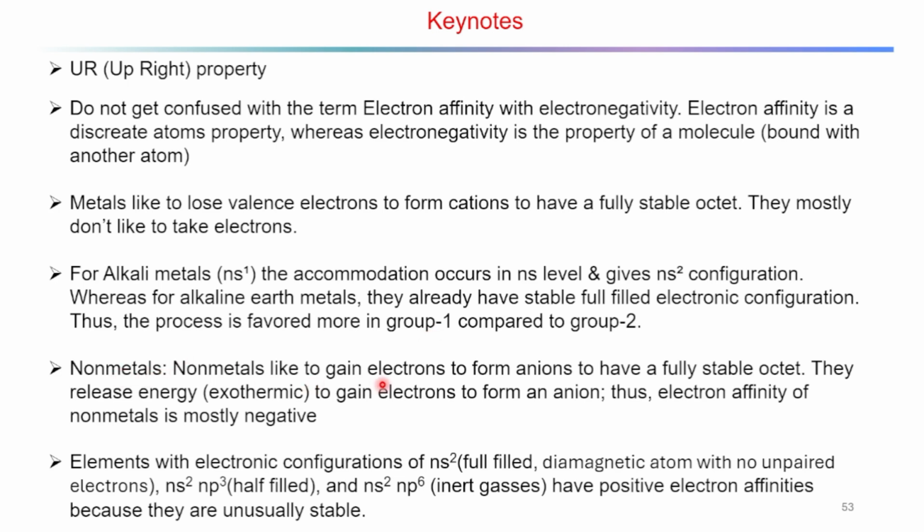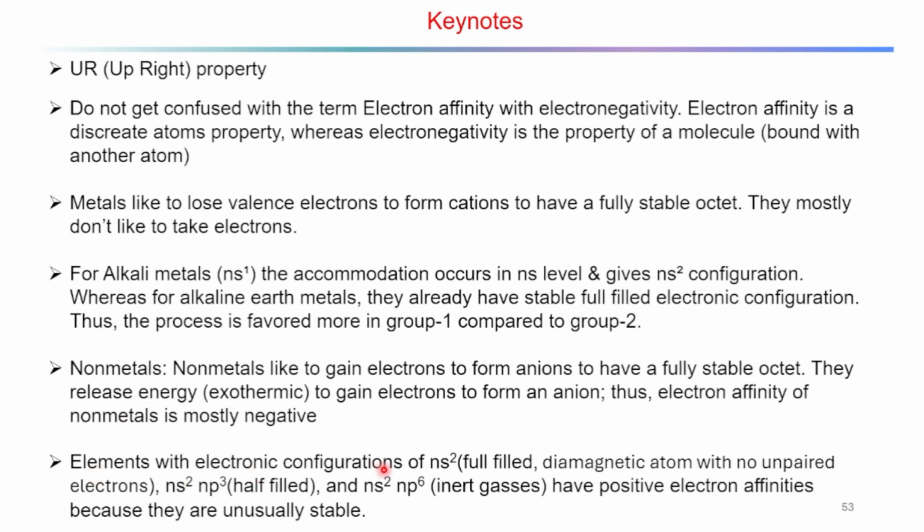Nonmetals like to gain electrons to form anions to have a fully stable octet. They release energy, that means it's an exothermic process, to gain electrons to form an anion. Thus, electron affinity of nonmetals is mostly negative, as we have already seen for fluorine, chlorine, bromine.